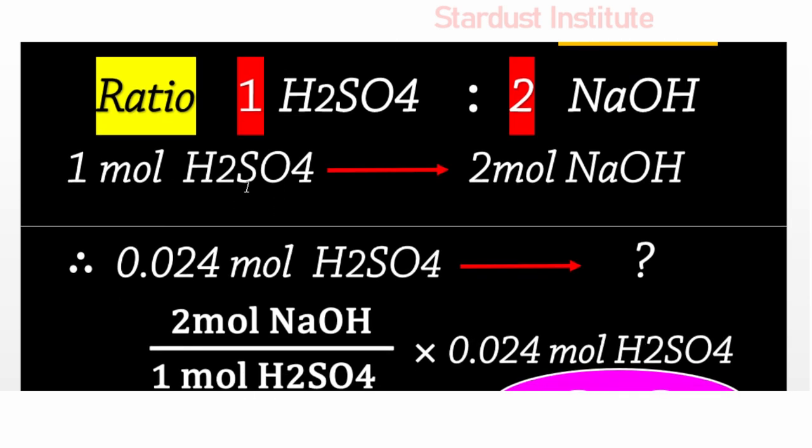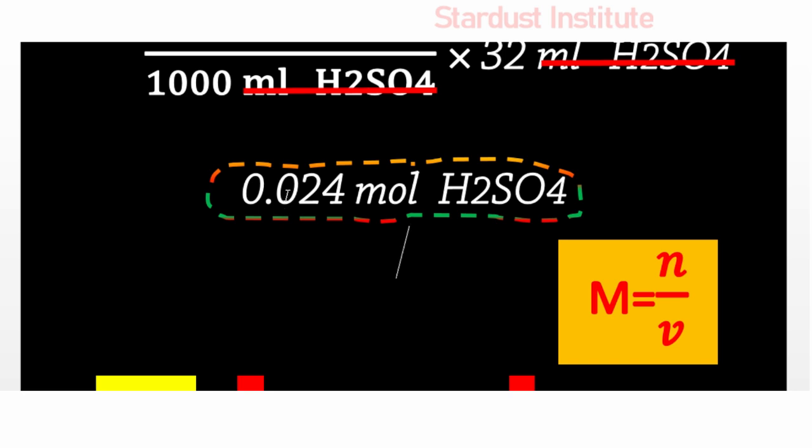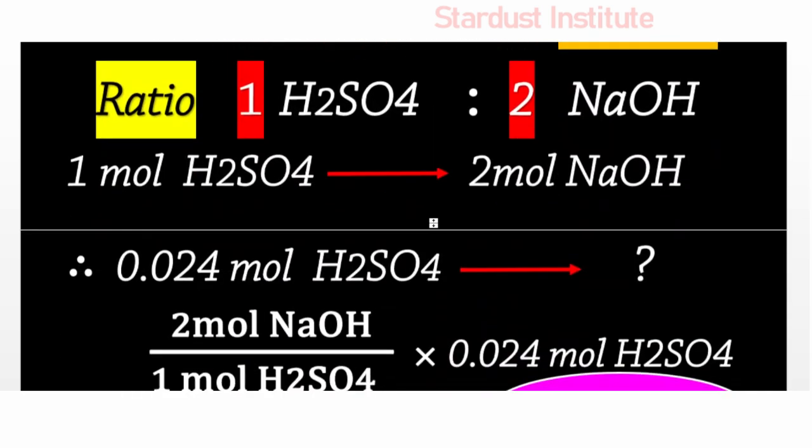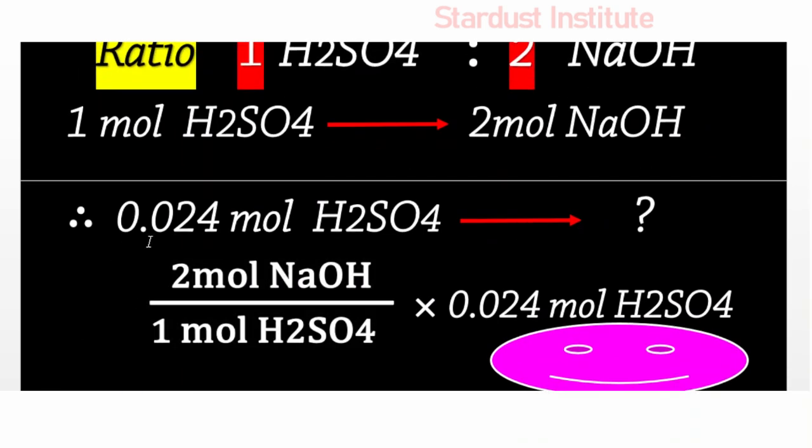Now we have 0.024 moles of H2SO4. Now we need to find, to react with 0.024 moles of H2SO4, how many moles of NaOH are required?